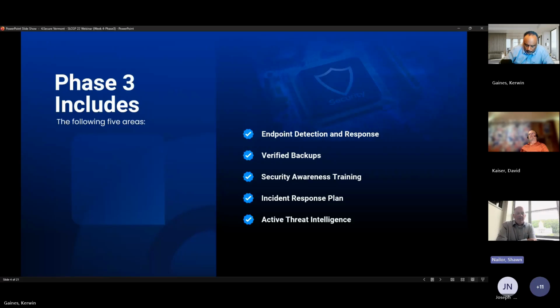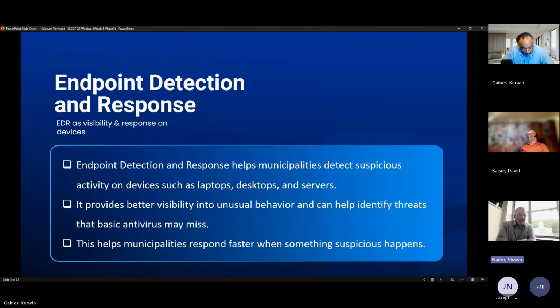Let's move ahead. Let's talk about some detail on some of these, although we've been talking a little bit of detail. So, endpoint detection and response. Endpoint detection is those tools that are sitting on a computer, on a server, on network attached devices, looking to detect suspicious activity, right? Whether that's services that are running that don't normally, or a file being accessed that doesn't normally get accessed, it's just looking for anomalies.